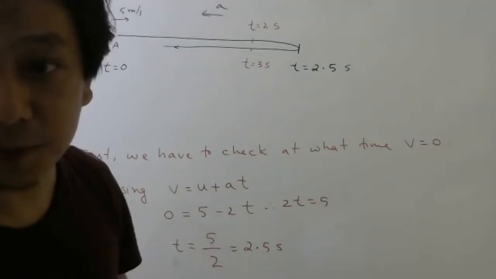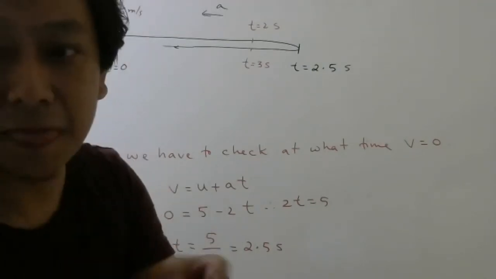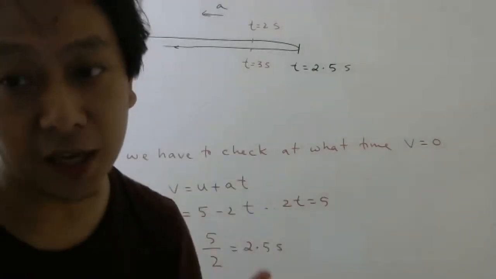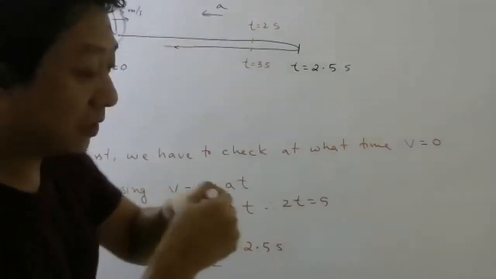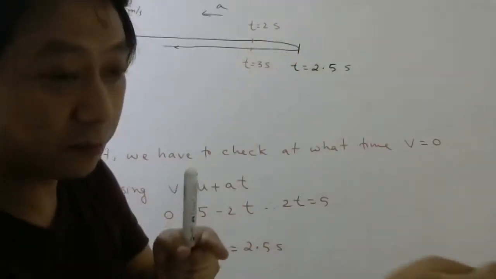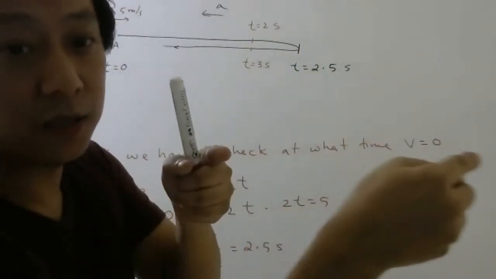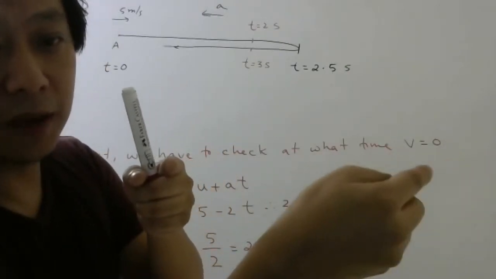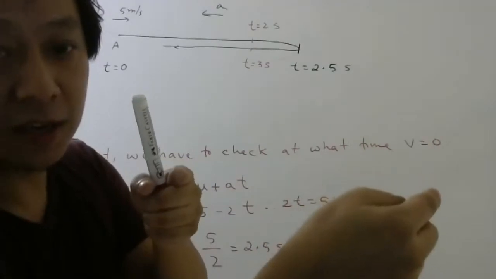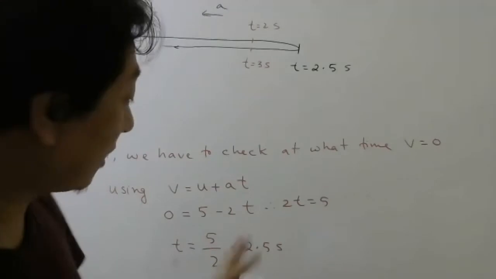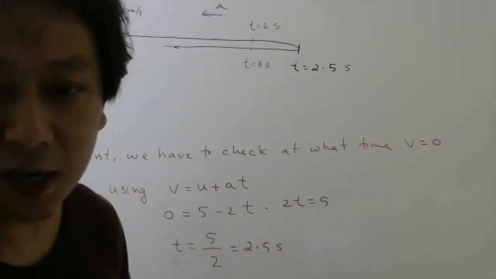You understood why displacement is coming 0 in third second? Third second means between 2 seconds and 3 seconds. You check, it is at the same point. Yes or no? Same point. Like this. At 2 seconds it was here, at 2.5 it will stop, then come back. So when time is 3 seconds, it is back to the same point. You understood why displacement came 0 in third second?